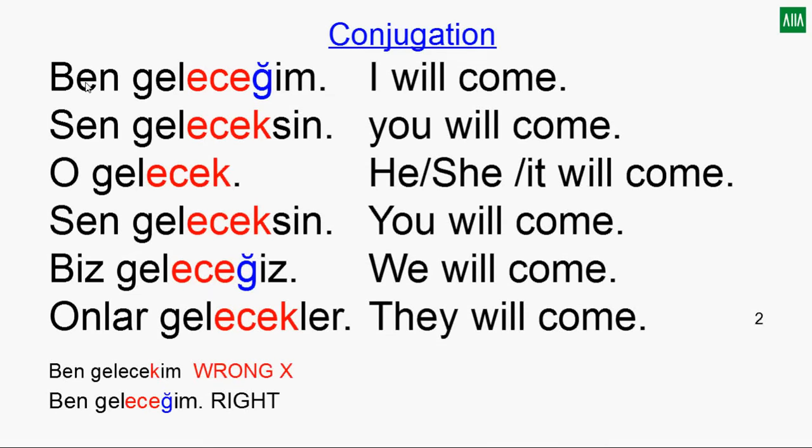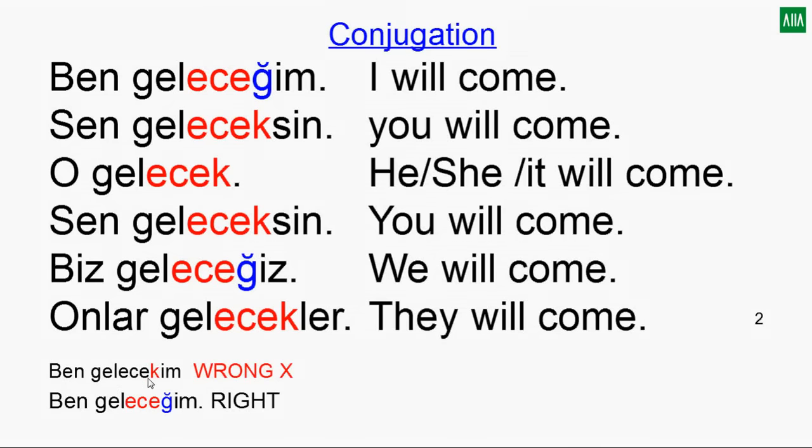We and I. Okay, guys. In positives and negatives, if you use the future suffix, the letter K turns into soft G, as you see here: geleceğim, geleceğiz. The others are the same. All right, they don't change.